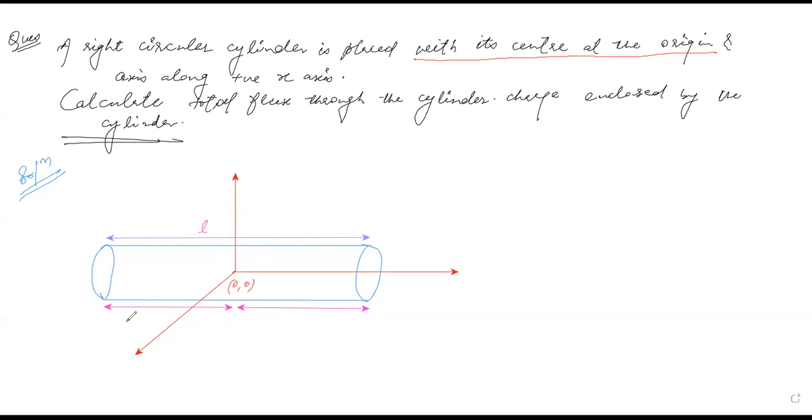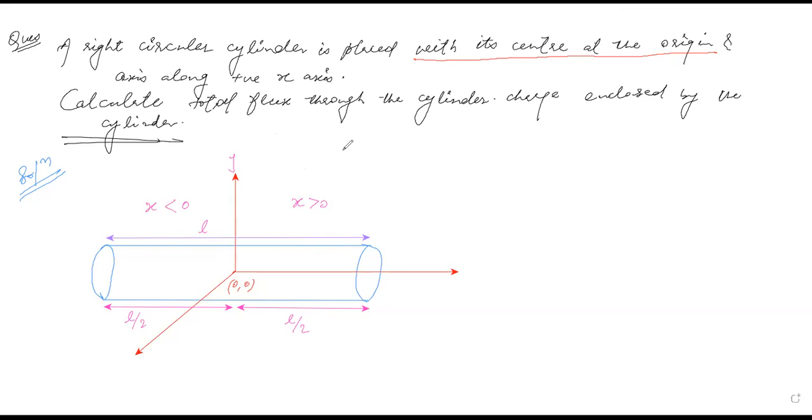Now, this is your y-axis, so the right part of the y-axis can be considered as x greater than 0, and the left part is x less than 0.